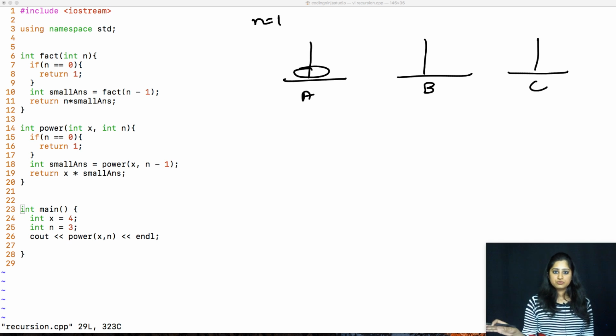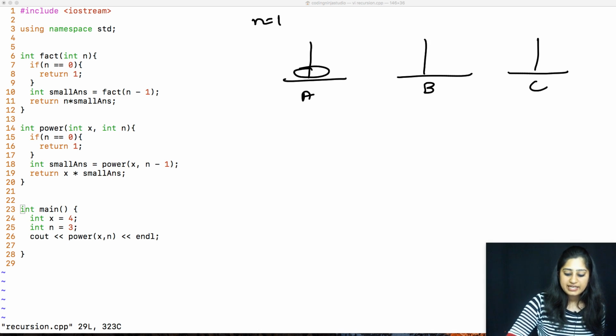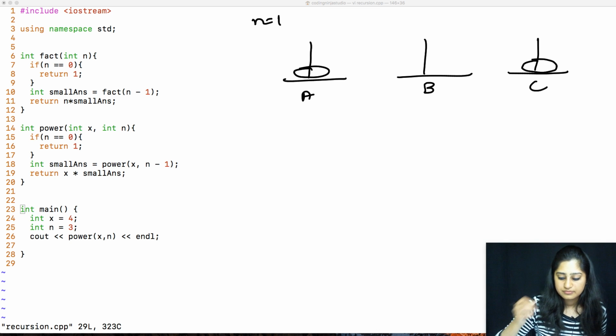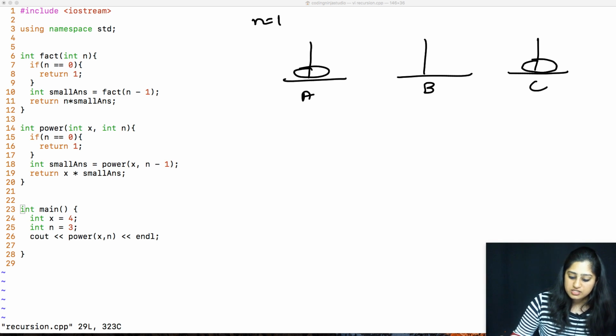You don't have to do much around it. If N is 1, what you can do is directly take this disk from A and place it at C. So you just have to do this. Take a disk from A, place it over C. Okay. So this was pretty simple. Let's say this will be removed then. N is 2.